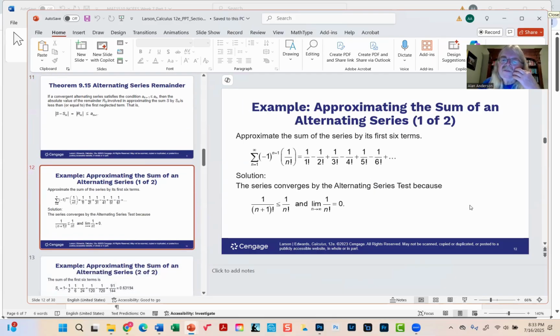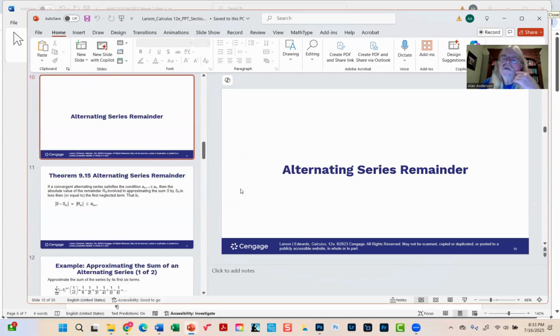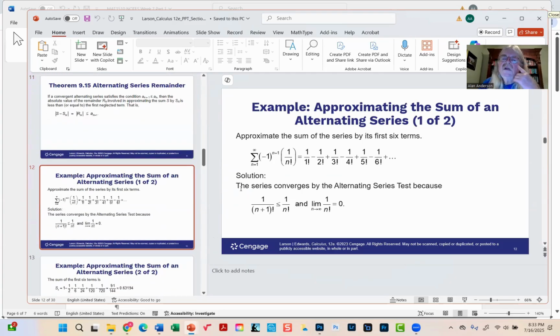So here we have alternating factorials. And so they're telling us that this is n across the board.